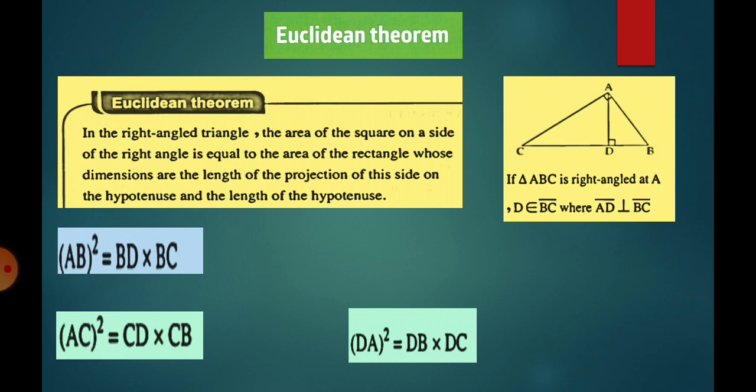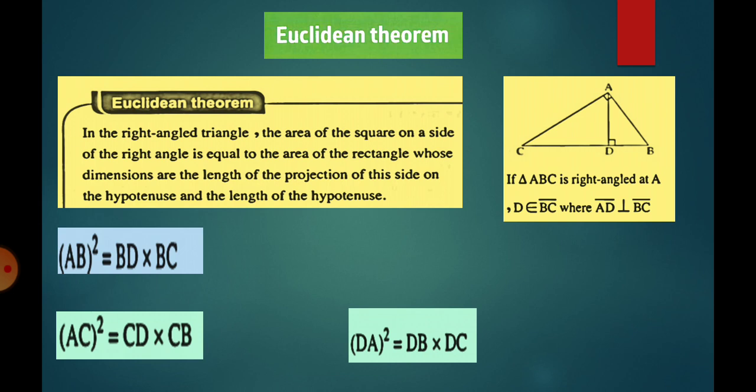We know area of triangle equals half times base times height. In triangle ABC, we have the base BC and the height AD, so the area equals half times BC times AD. Or we can use the base AB and the height AC, then the area equals half times AB times AC.